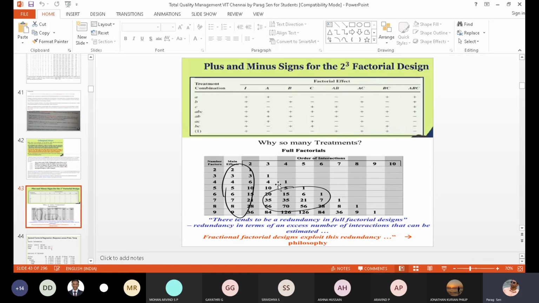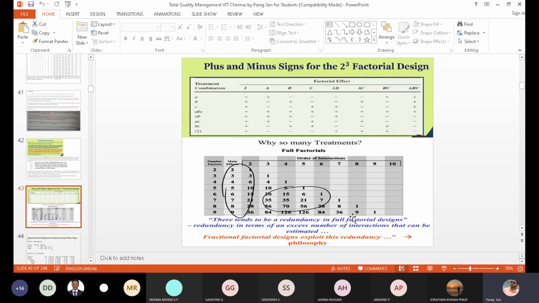You can see that as the number of factors increases, the order of interactions also goes higher and higher. So what does it mean?